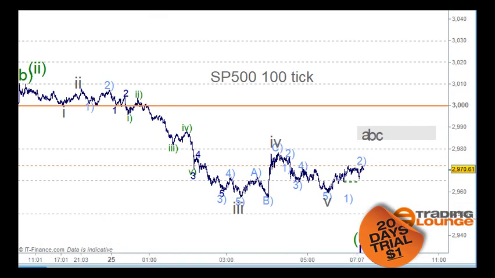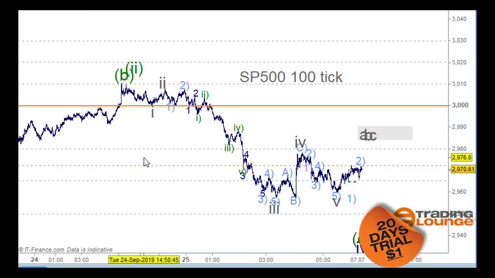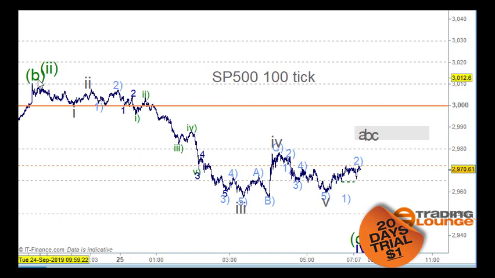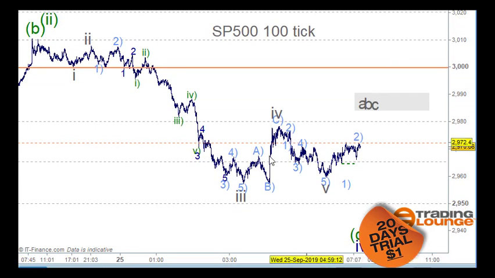So let me just get in a few more things here. From the top here, we can look at it as wave B here or wave 2 here. Counting this down here, I can count this as wave 1 here and 2 here, and then in blue here, wave 1 and 2 here. I won't go into all of this here, but the third wave down here, an A and a B and a C here for wave 4.